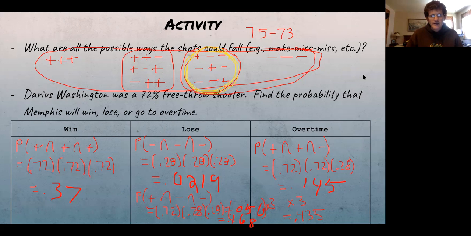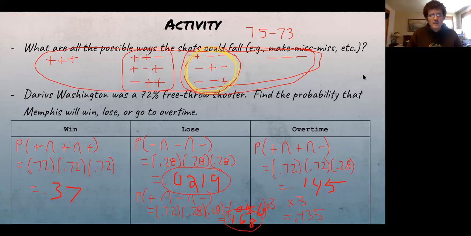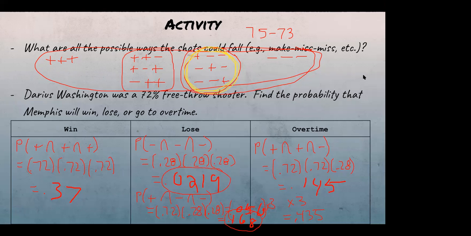All right, now, of course, the last thing to do: we have 2 different probabilities. What do we do with these 2? Multiply them? Well, in this case, these are mutually exclusive outcomes, so we add them.